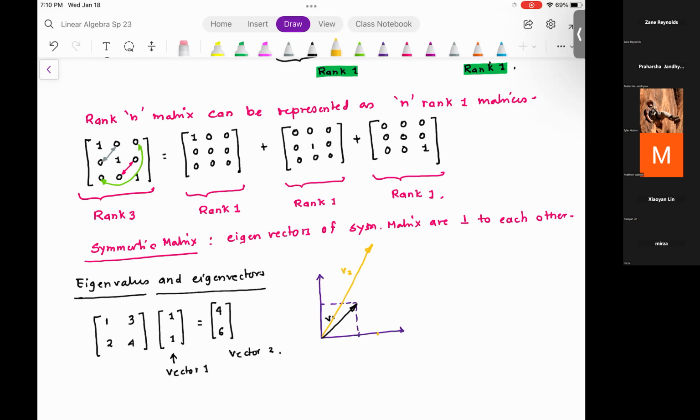Please understand, v1 and v2 are not collinear.